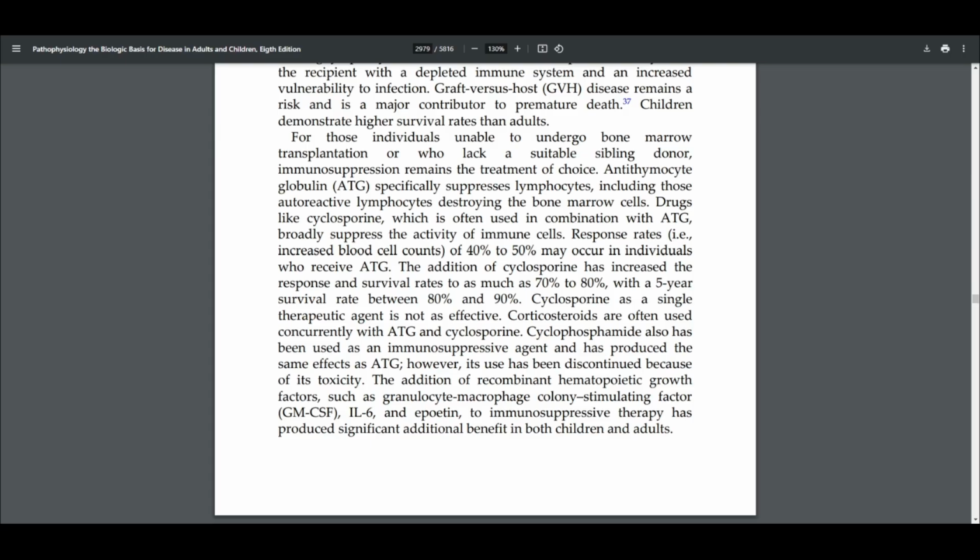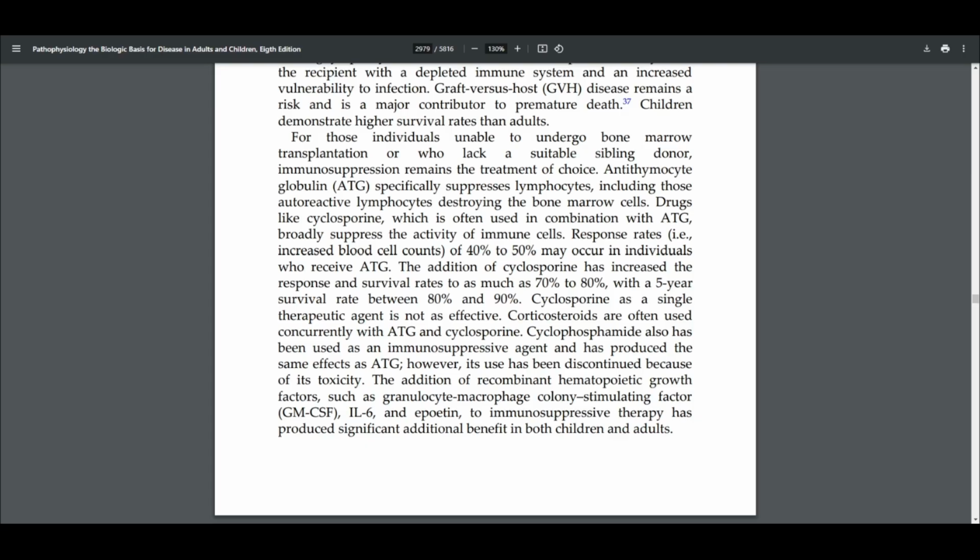Drugs like cyclosporin, which is often used in combination with ATG, broadly suppress the activity of immune cells. Response rates of 40 to 50% may occur in individuals who receive ATG. The addition of cyclosporin has increased the response and survival rates to as much as 70 to 80%, with a 5-year survival rate between 80 to 90%.